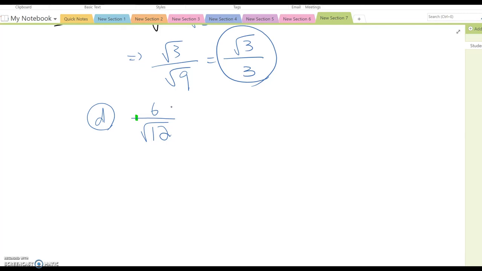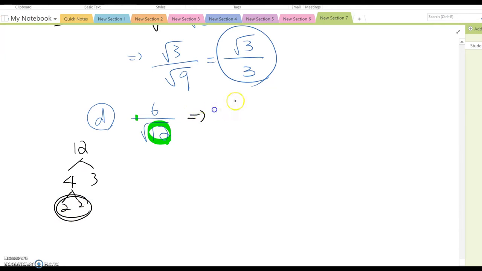So you can multiply root 12 and root 12, that's fine too, but if you can simplify this first, that will be better. Let's find the prime factorization of 12, which is 4 times 3, and 2 times 2. So we found one pair here, so you can rewrite this as 6 over 2 root 3. As you know, we can simplify this, so it becomes 3 over root 3.